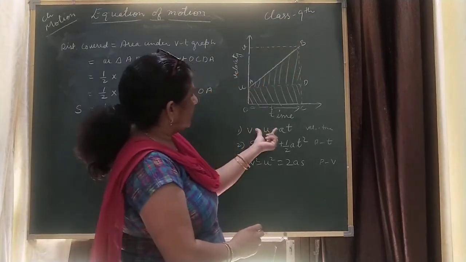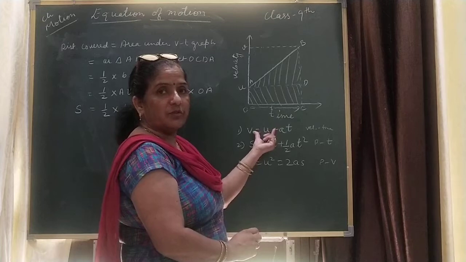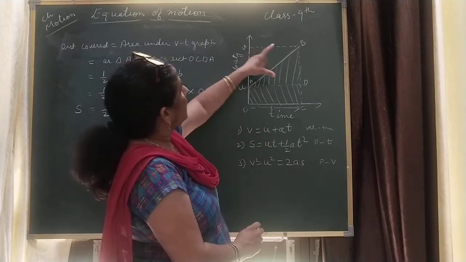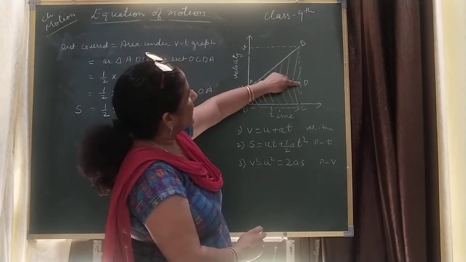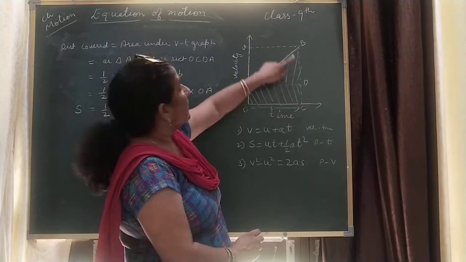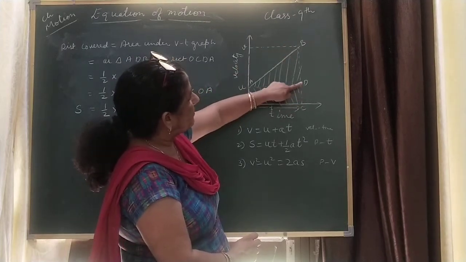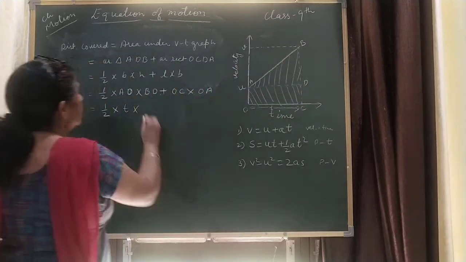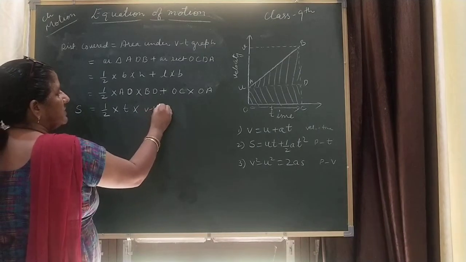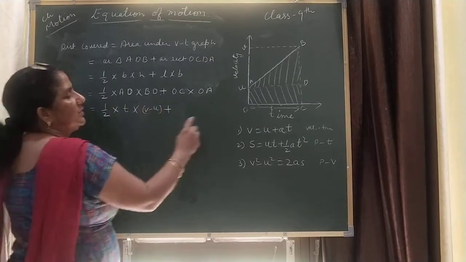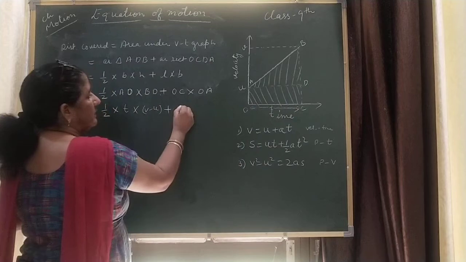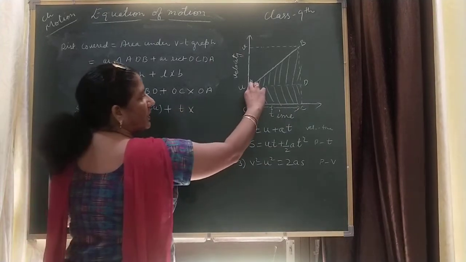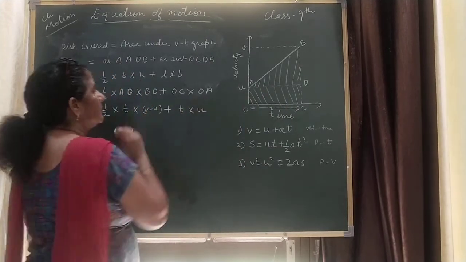BD, well, telling you the first equation of motion, I told you that BD is equal to BC minus DC, which is equal to V minus U. So BD is V minus U, plus OC is T into OA is U.